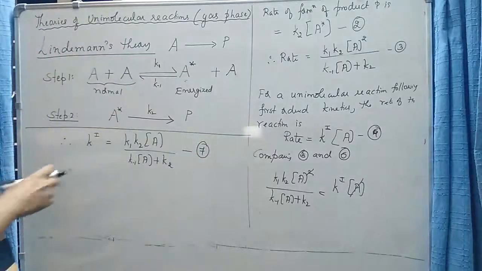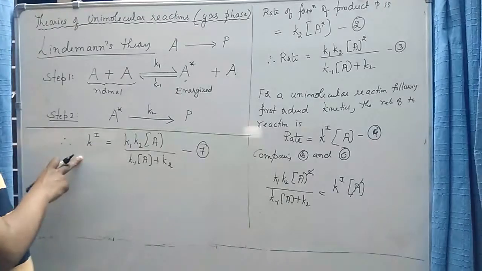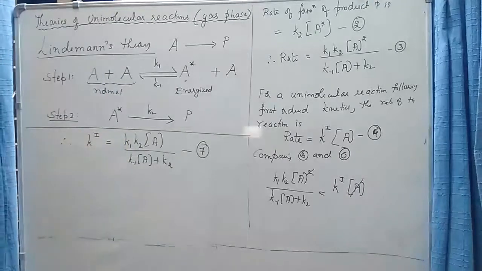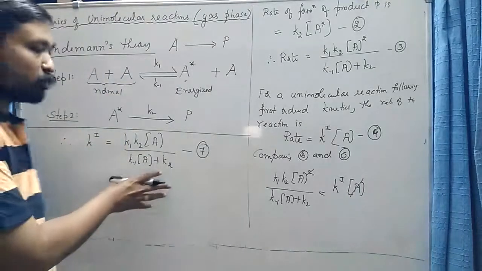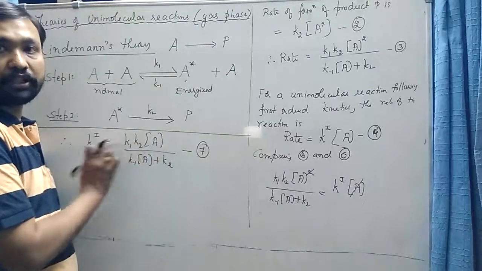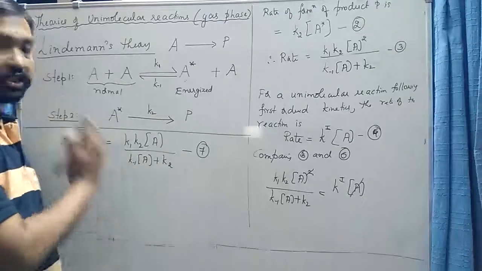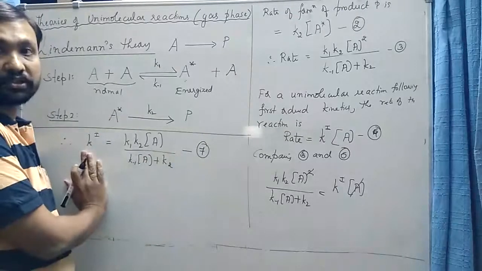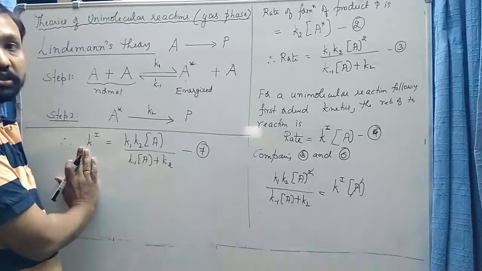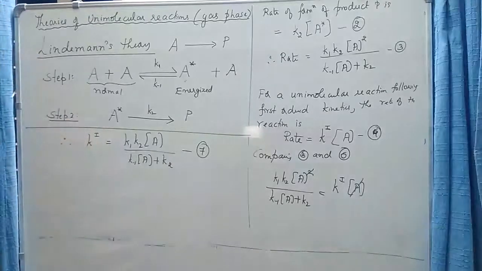So you can clearly see that this K1, a first order rate constant or rate coefficient, in fact depends on concentration of A. This is the argument by Lindemann, that K1 depends on A. But according to Perrin, this equation does not exist at all. K1 is a constant. But according to Lindemann, this cannot be a constant because it depends on concentration. So this is not a constant. Therefore, the reaction should not be a first order reaction.